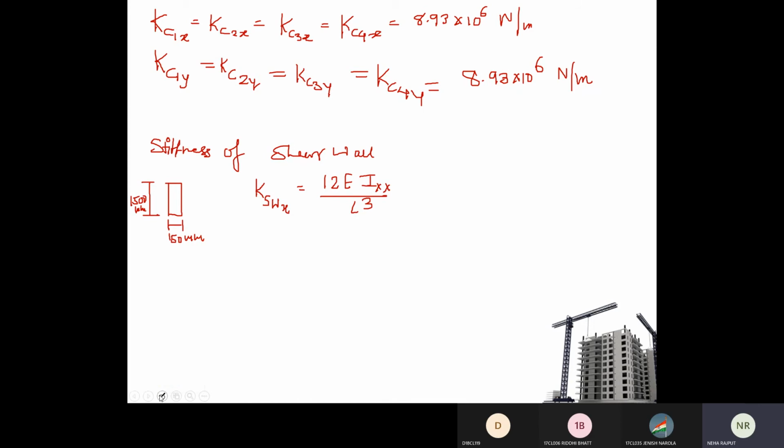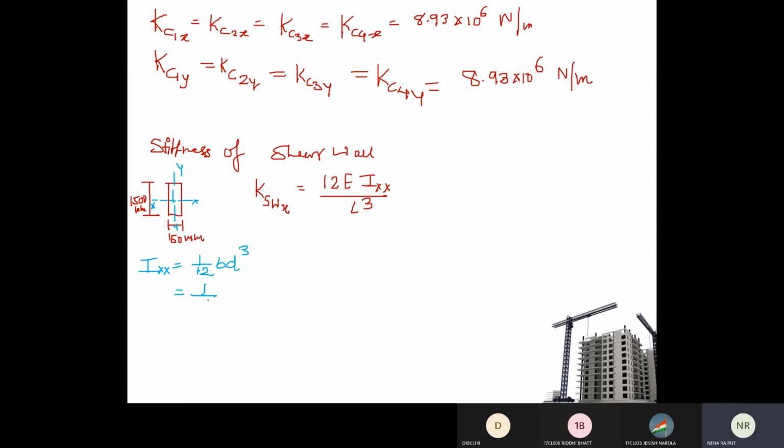Right, now moment of inertia. Here, if this is the orientation, then this is your x axis and this will be your y axis. Right, so Ixx for this shear wall is 1 by 12 b d cube.